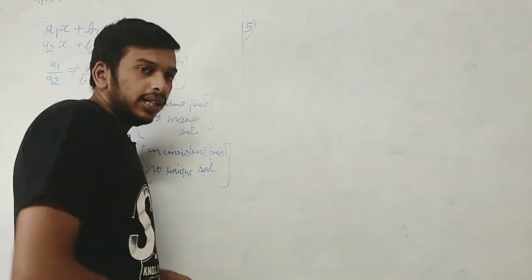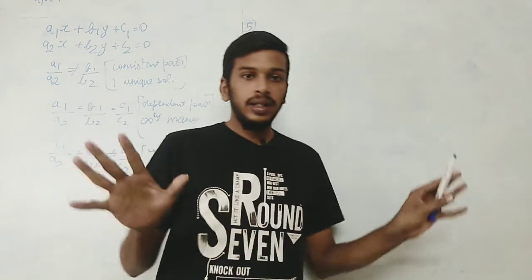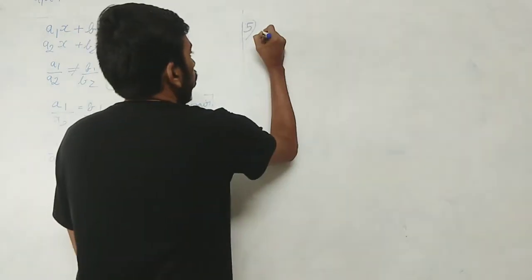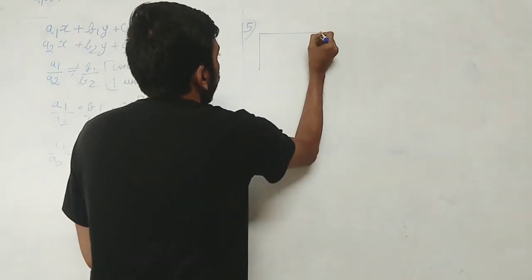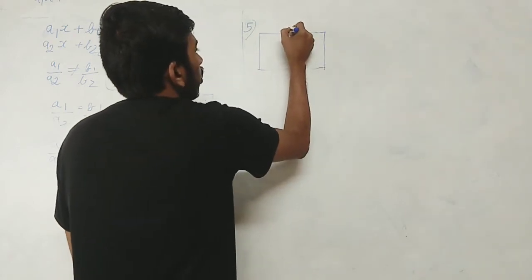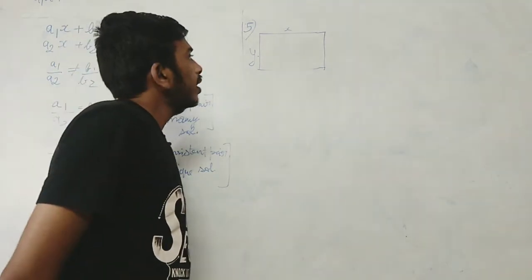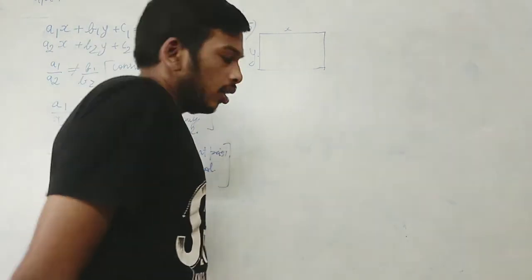So they are saying half of the perimeter of a rectangular garden. I am drawing a rectangular garden, and I am saying that x is the length and y is the breadth.